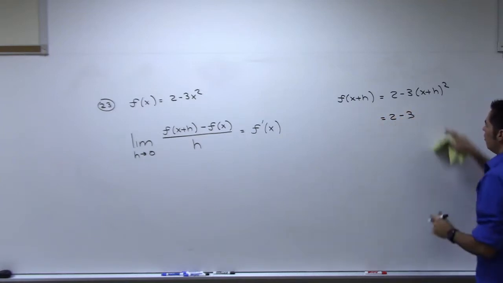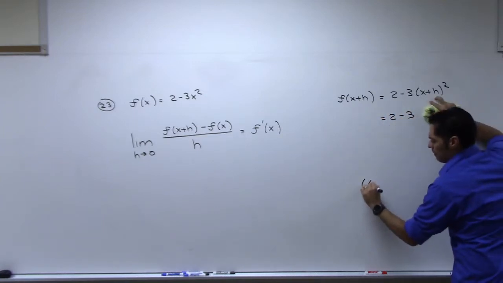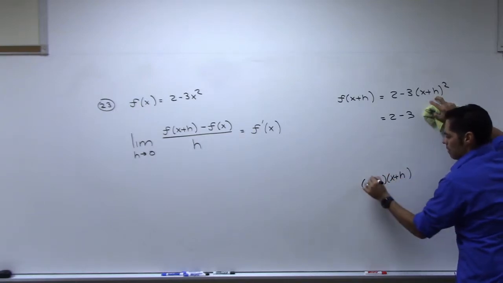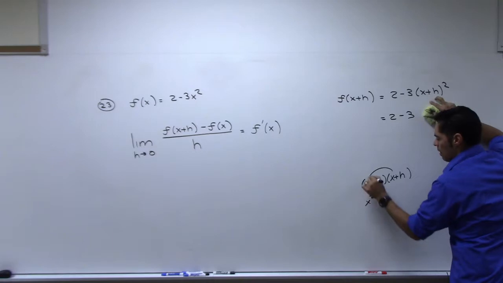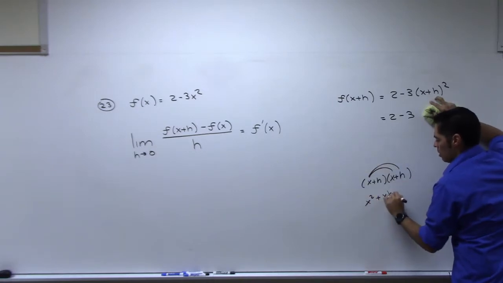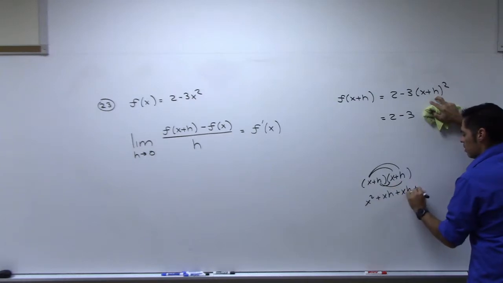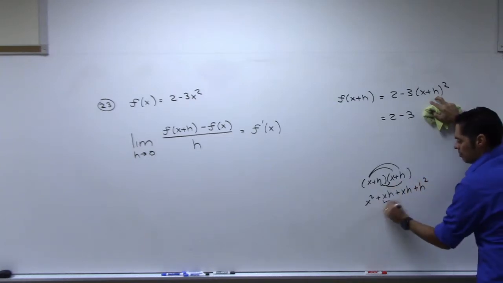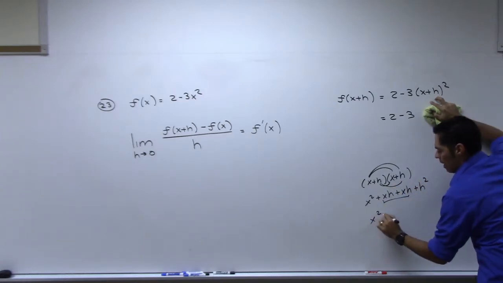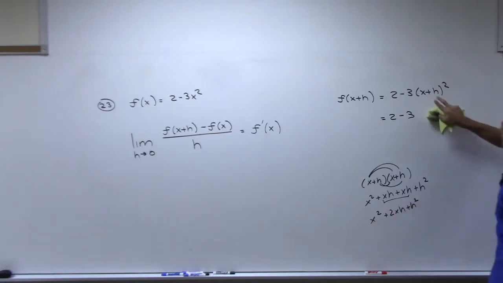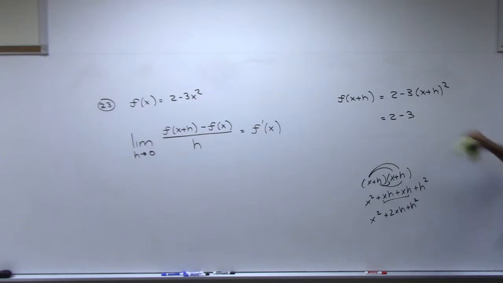So I go and I do x plus h squared, and I do x times x, I get x squared, x times h, I get xh. I do x times h again, I get another xh, then h times h, I get h squared. These two can combine together, x squared plus 2xh plus h squared. So that's what happens when you square this, but we still have a 3 in front of it.